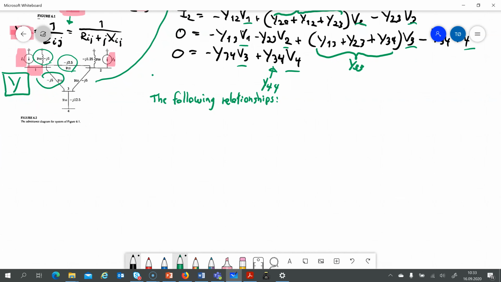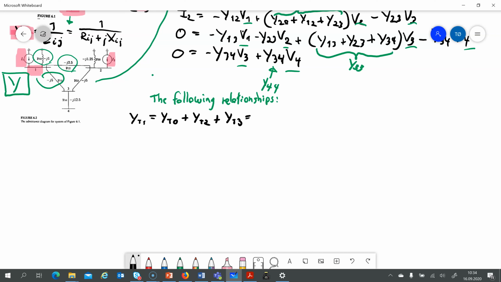Now I have the admittance diagram here. Let's start from the self-admittances. Let's take the black one. y11 is then equal to, as I said above, y10 plus y12 plus y13.